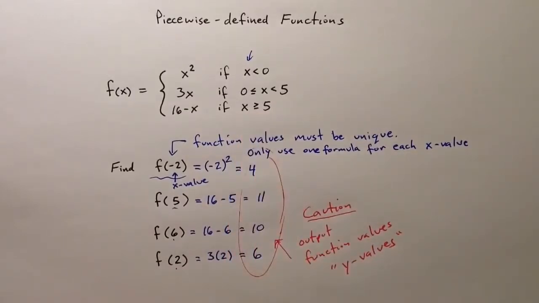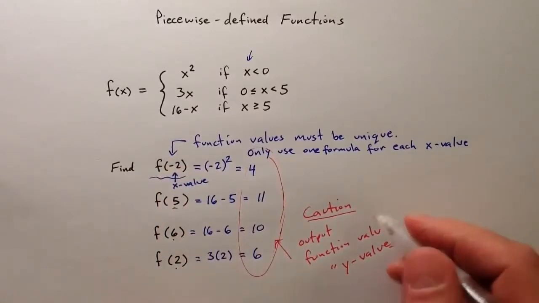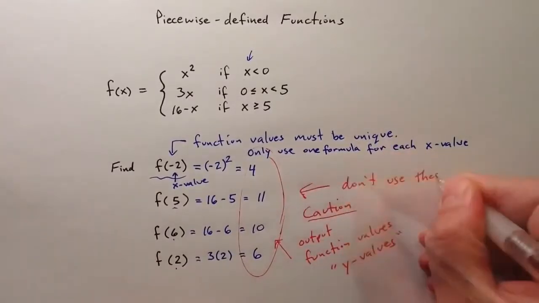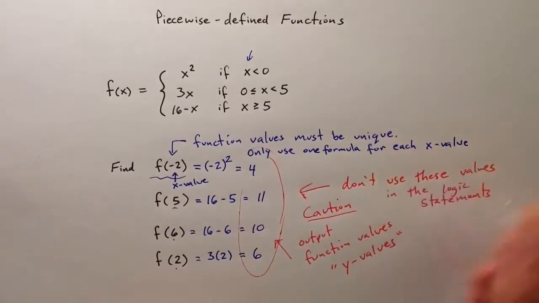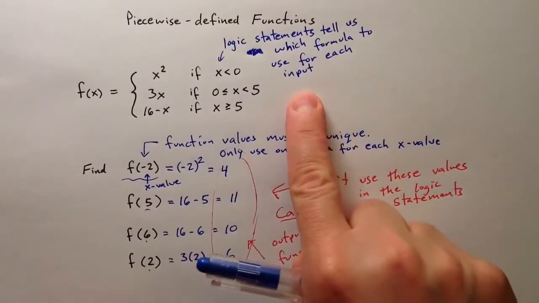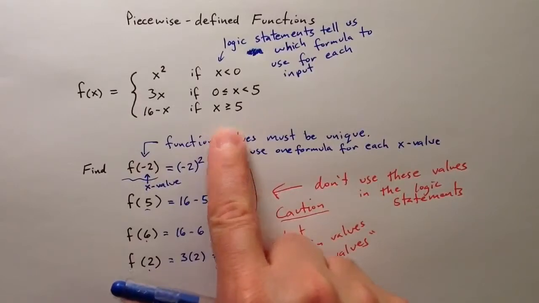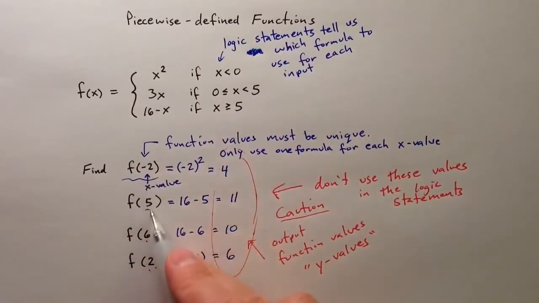They're used to evaluate which formula to apply. So just be careful, you don't want to use these values with the logic statements. The logic statements tell us which formula to use for each input. So those relate to the x values that are the inputs inside the function notation.